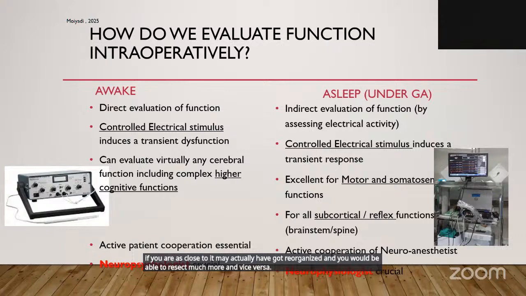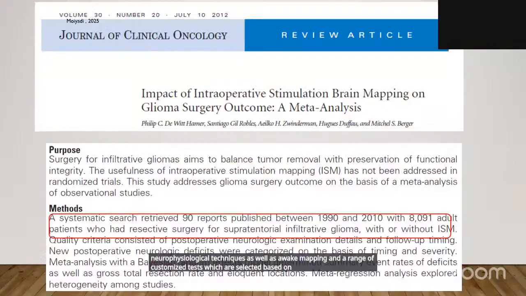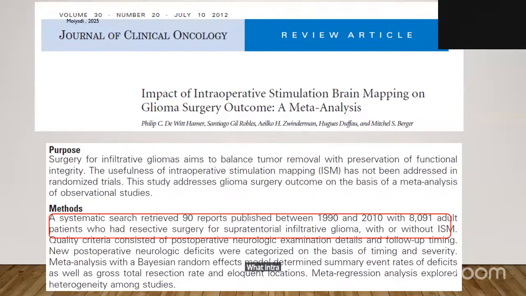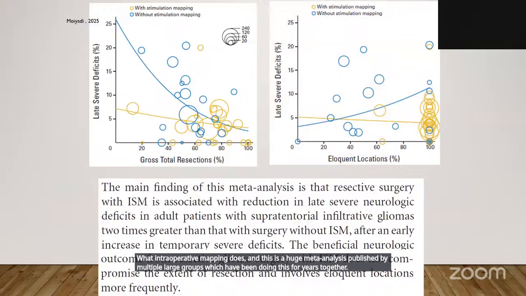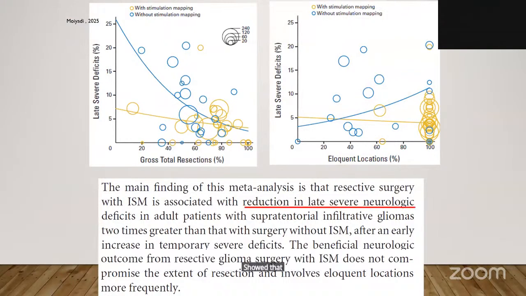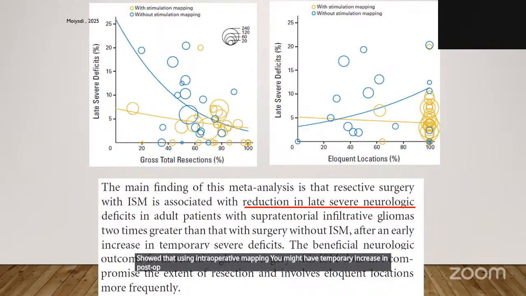And how you do this is by both awake and asleep methods, using neurophysiological techniques, as well as awake mapping and a range of customized tests which are selected based on the patient's preoperative functional performance. What intraoperative mapping does, and this is a huge meta-analysis published by multiple large groups which have been doing this for years together, showed that using intraoperative mapping, you might have a temporary increase in postoperative deficits, but a definite reduction in late severe neurological morbidity.